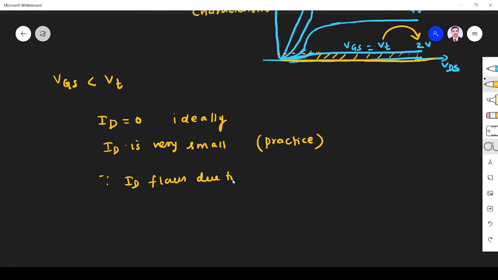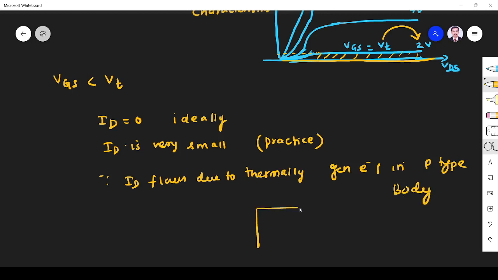We know the NMOS will be like this: this is the p-type substrate, here we have an n plus region, and here another n plus region. Oxide, metal, source, gate, and this is the drain terminal.